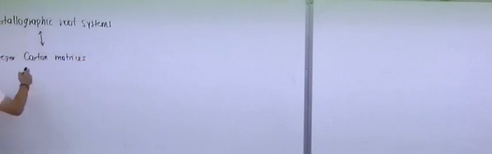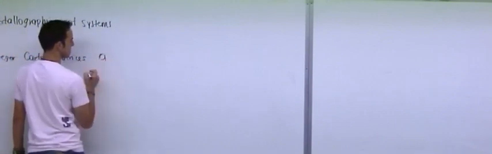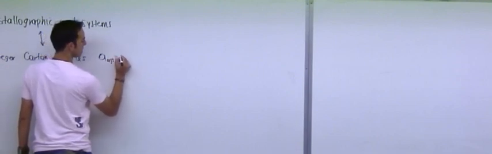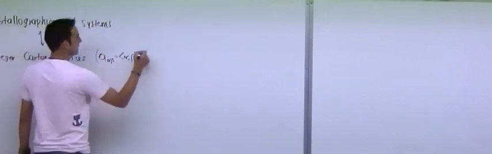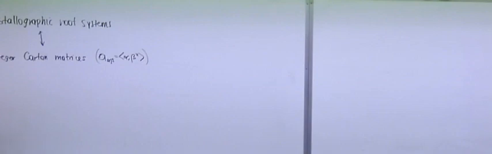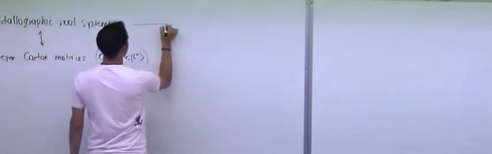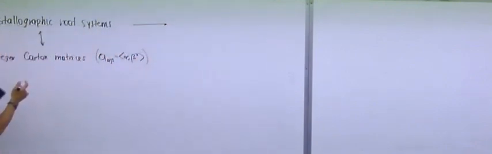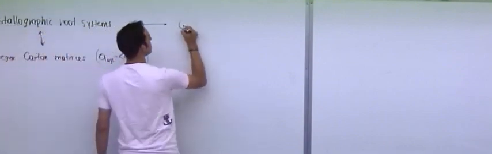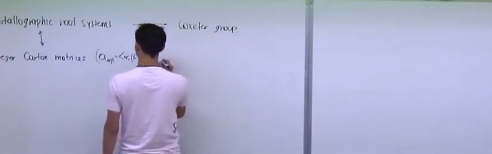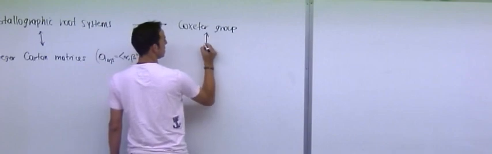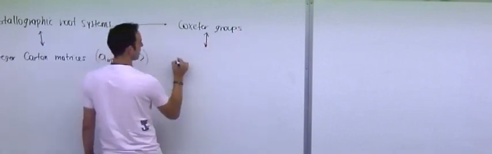We remember that we just make a matrix where the entry alpha beta is the product of alpha and beta check. And so now what? Well, we know that each crystallographic root system gives you a Coxeter group. And Coxeter groups are characterized by their Dynkin diagrams. Sorry, the Coxeter diagram.